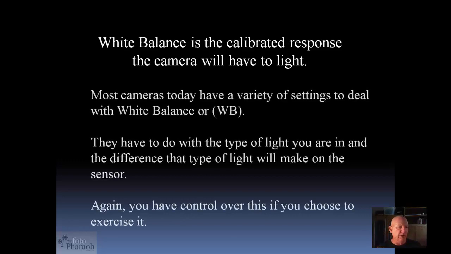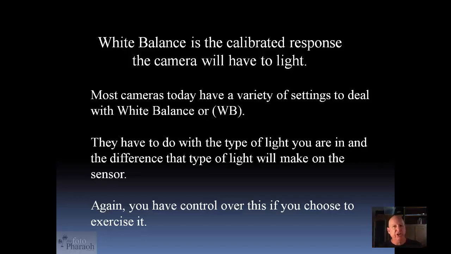It's extremely important. Now, most cameras today have a variety of settings to deal with white balance, or WB as designated on your camera. They have to do with the type of light that you're in and the differences the type of light will make on the sensor, because again, the camera is a machine and it will only respond to what you give it or how you set it.